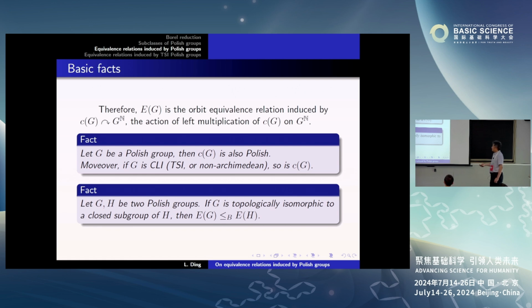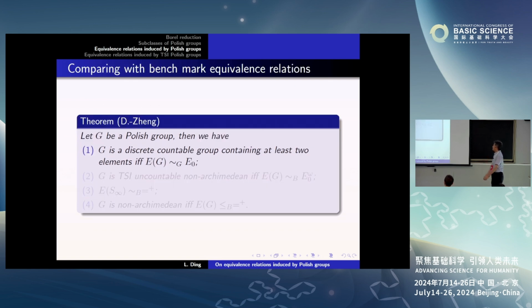Now, let's give some non-trivial results. We have recalled some so-called benchmark equivalence relations, so we compare EG with them. First, let G be a Polish group. Then G is a discrete countable group containing at least two elements if and only if EG is Borel bi-reducible to E0.